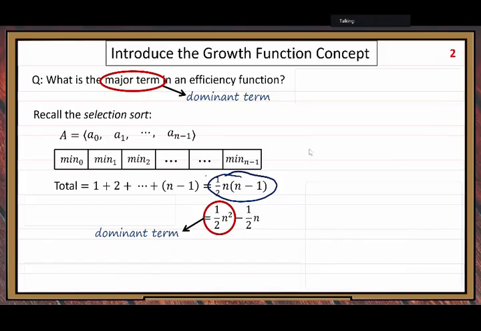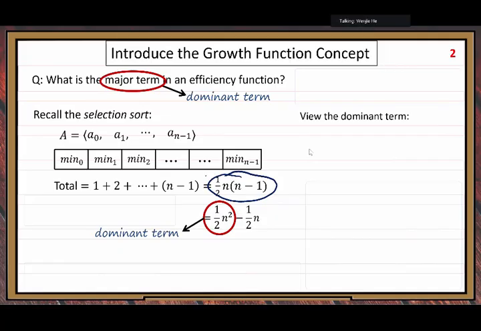With that in mind, when we do the second round of simplification, we want to skip the constant part. After we remove the one half constant, n squared is our growth function.